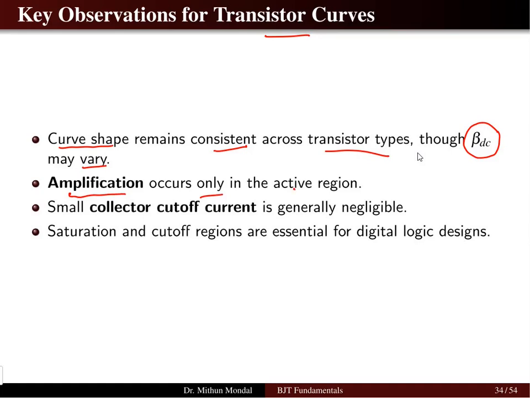Amplification occurs only in the active region, and the small collector cutoff current is generally negligible, so we do not take this cutoff current into account. Saturation and cutoff regions are essential for digital logic circuits because here you have the switching operation.